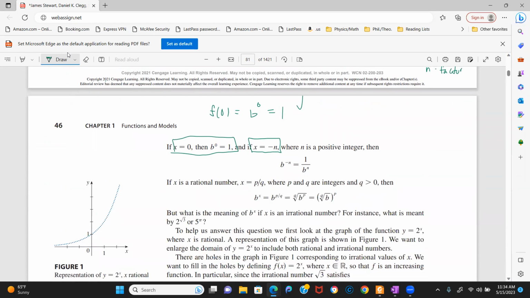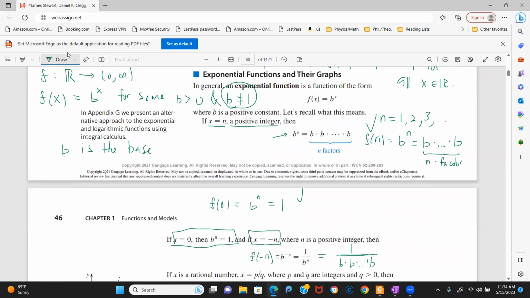We set up this convention that f of negative n is equal to b to the negative n, which is 1 over b times b times b, n times, and we know how to compute fractions like this. So so far, there's no trouble evaluating this exponential function at positive integers, at 0, and at negative integers.